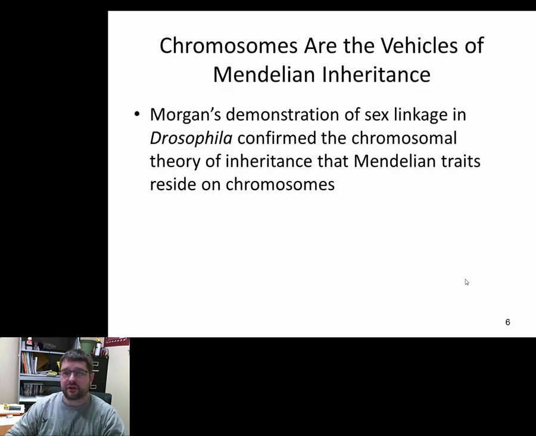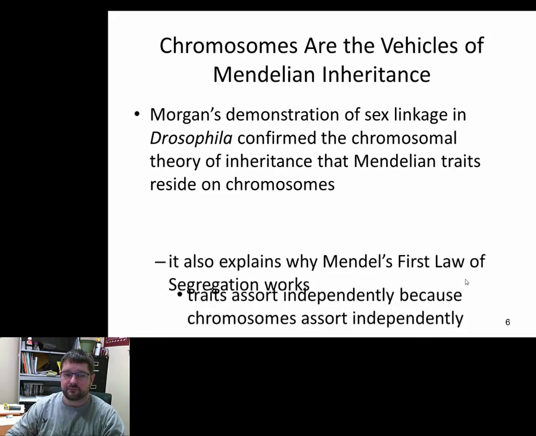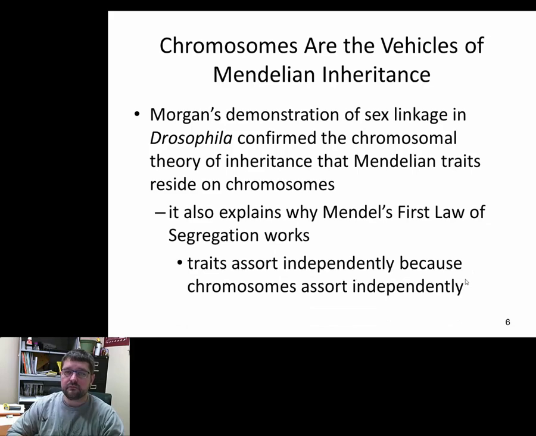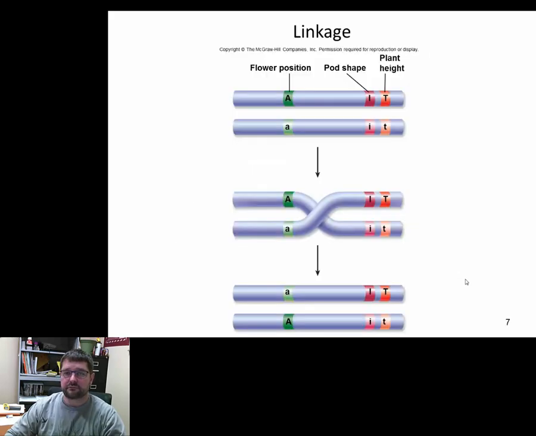It fits the Mendelian Punnett square, Mendelian inheritance. It also explains the law of segregation, that traits are independent because chromosomes are independent of one another. And so this was just more evidence suggesting that chromosomes are the vehicles for the genes to sit on.